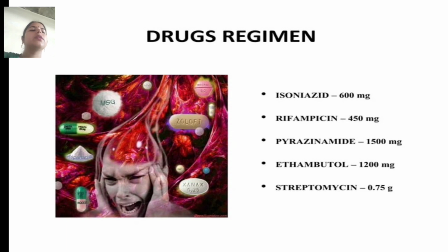Drugs used: isoniazid 600 mg, rifampicin 450 mg, pyrazinamide 1500 mg, ethambutol 1200 mg, and streptomycin 0.75 gram.